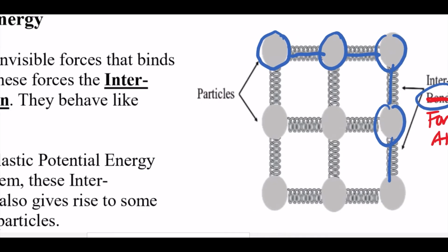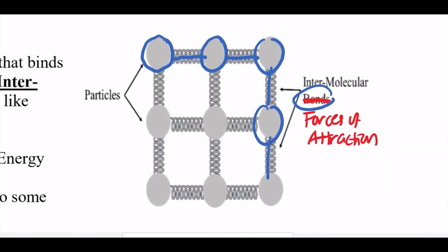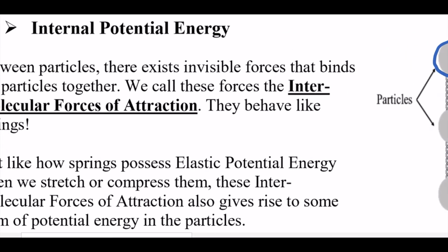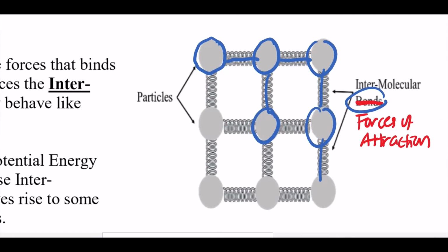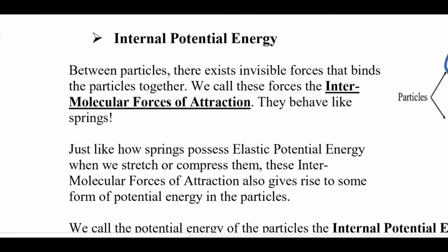So how does this give rise to some form of potential energy? If you think about it, if you stretch rubber bands, what energy do you get? Well, some of you may know that we actually get elastic potential energy. It's a form of potential energy as well. But in this case, because of this intermolecular force of attraction that behaves like rubber bands, these particles have internal potential energy.